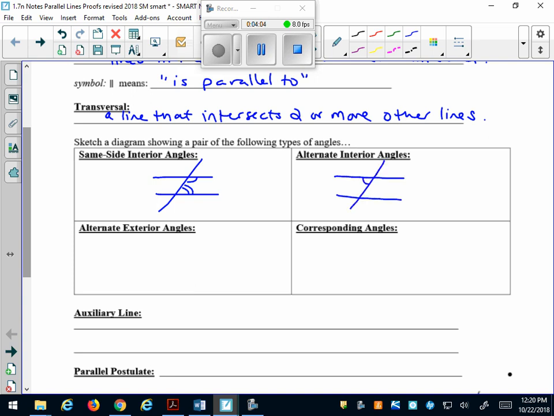So alternate interior would be like that. Now, obviously, there's more than one pair in each of these sketches, but in order to not make it confusing, I just did one pair in each.